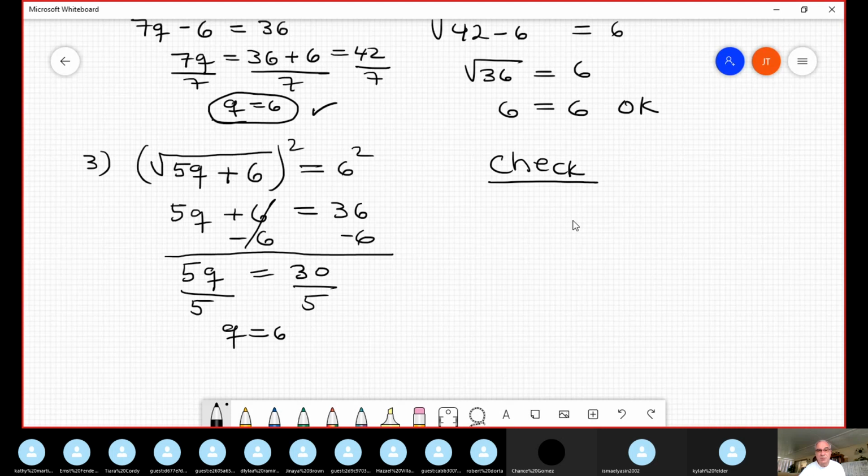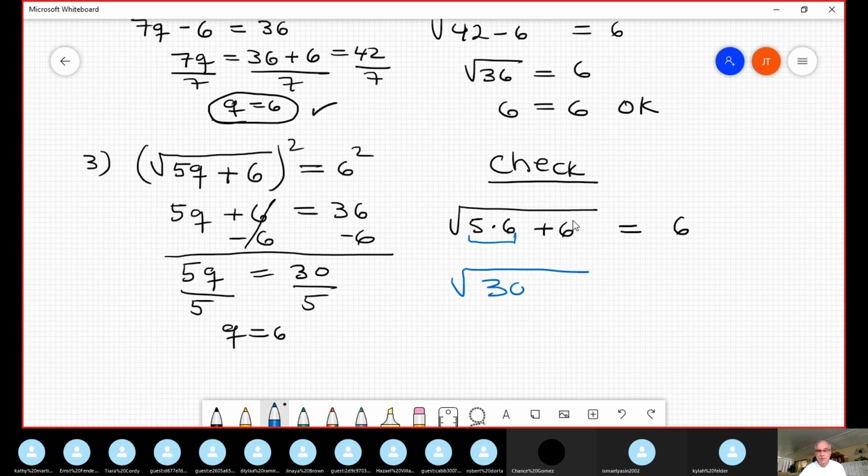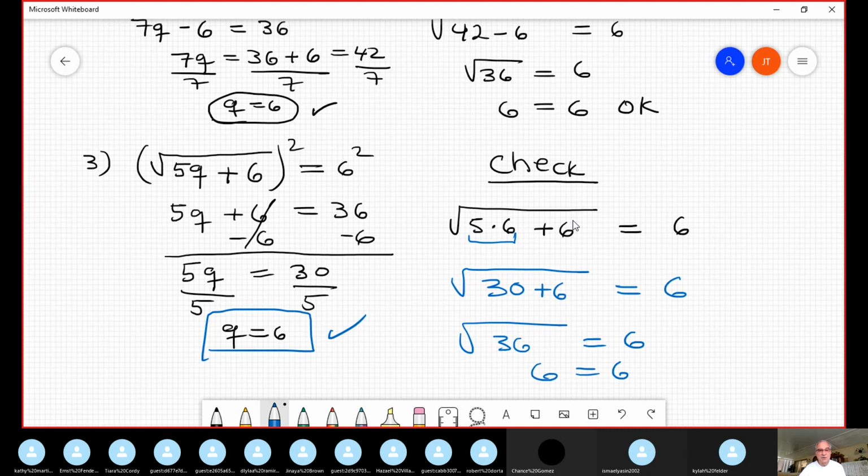I know that you don't like it, but it's mandatory. It's square root of 5 times 6 plus 6 should be equal to 6. Remember, order of operation. You are doing the multiplication first. This is 30. Plus 6 is 36. And the square root 36 is obviously 6. Again, this answer is correct.